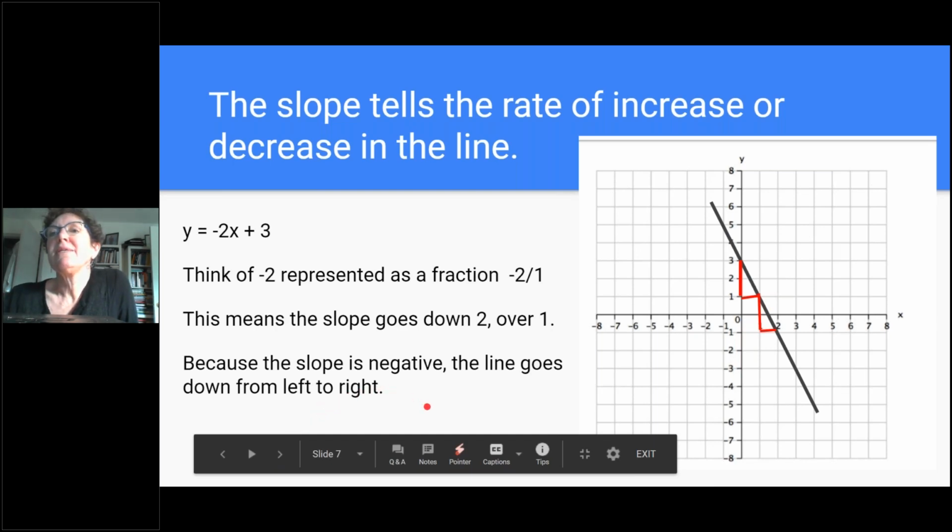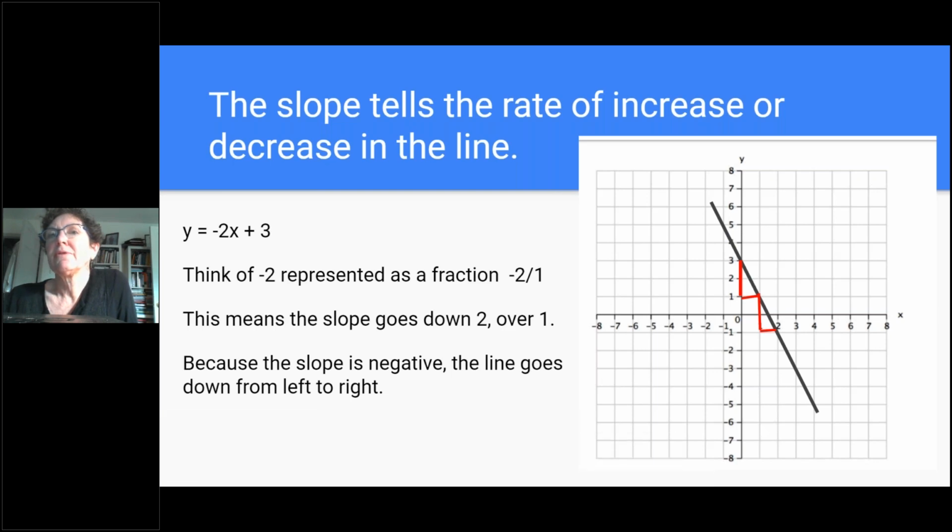So a slope can be negative as well. The way we know that the slope is negative is because the number for the slope is a negative number. And remember, when we go rise over run, that means we might have a negative rise.